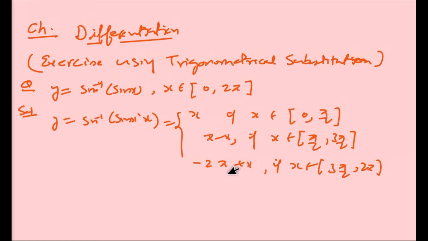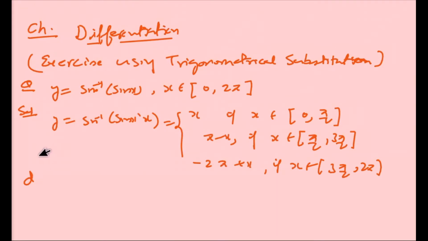Okay, so minus 3 pi by 2. So from 0 to 2 pi, we have to take all these three functions, right? So we can find out for this x, and this value is for this pi minus x, and this value for this minus 2 pi plus x, right? Understand?